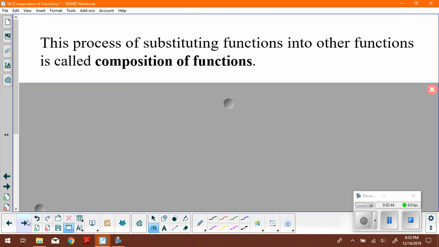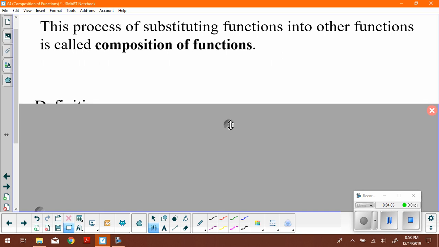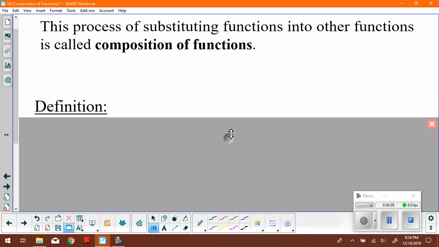Okay, so that process is called composition. The process of substituting functions into other functions is called the composition of functions. And like with addition and subtraction, the other operations, we have a notation for this.